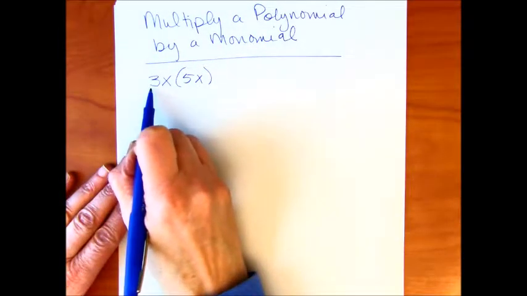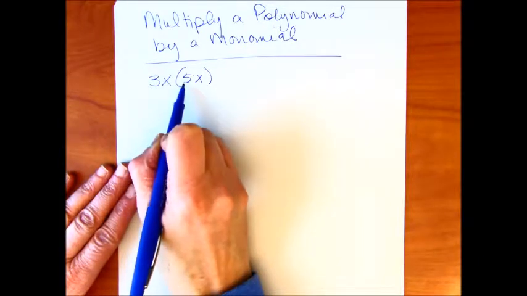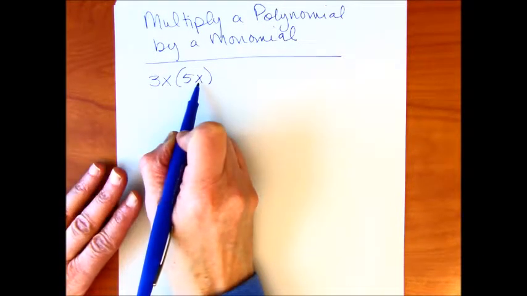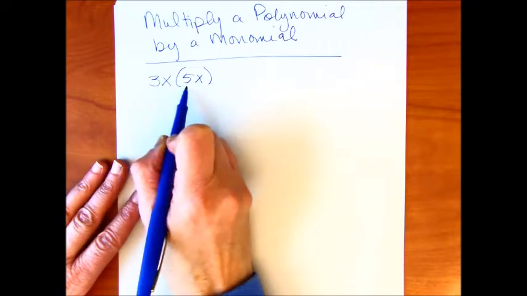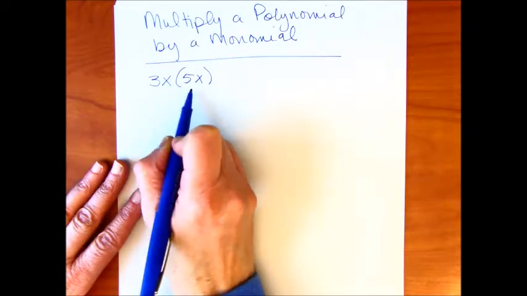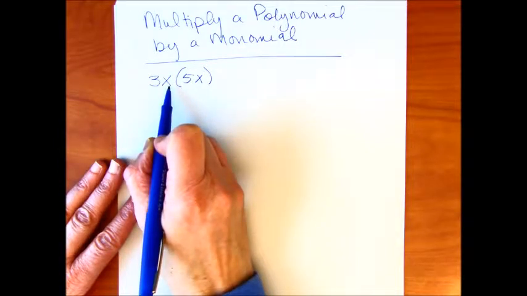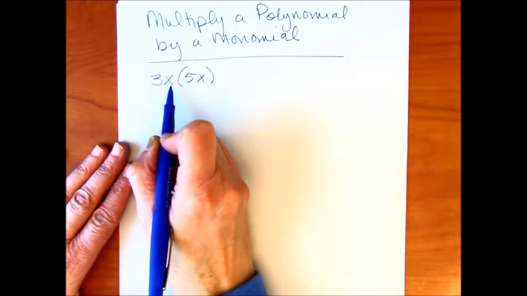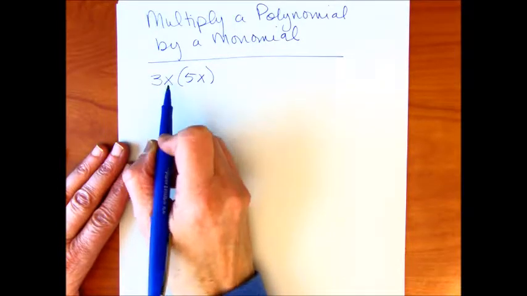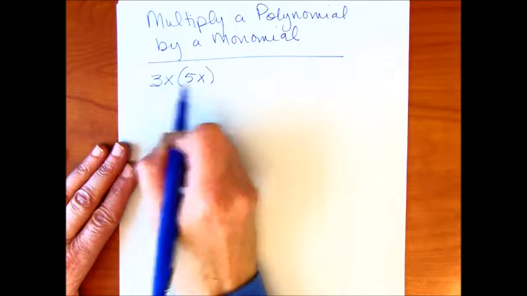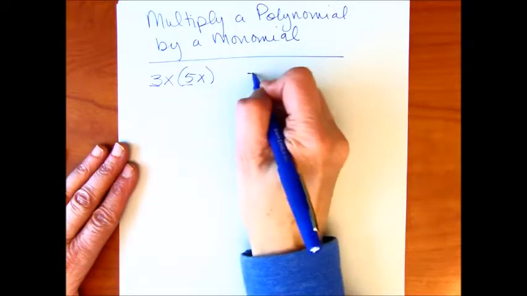Here we have the coefficient times a variable times a coefficient times a variable. Now, I'll go ahead and write down the answer here, but we're going to talk about a law of exponents that we reviewed a little while ago, but I want to refresh your memory on this. What I'm first going to do here is multiply the coefficients together.